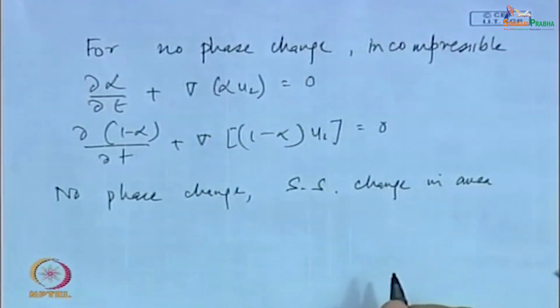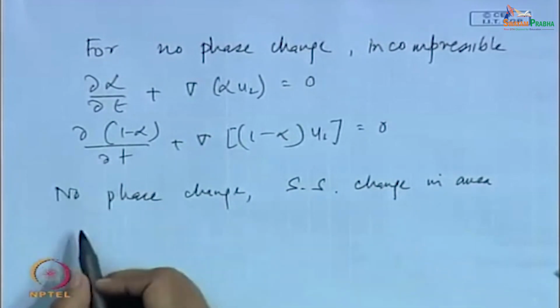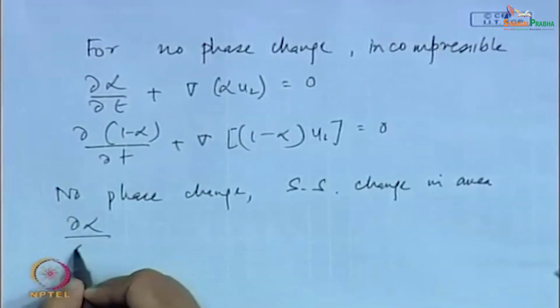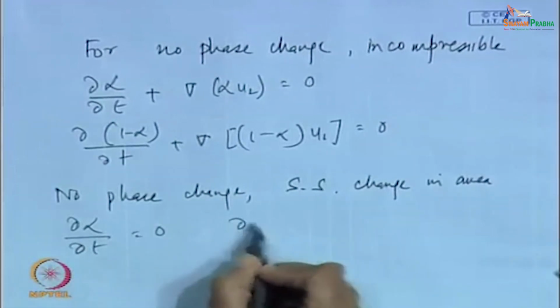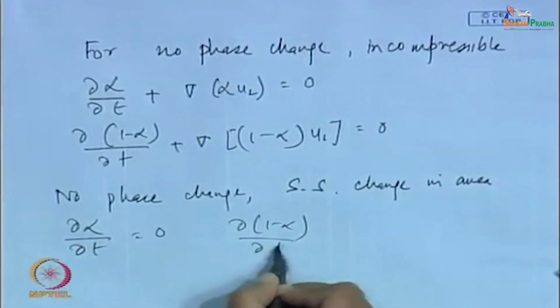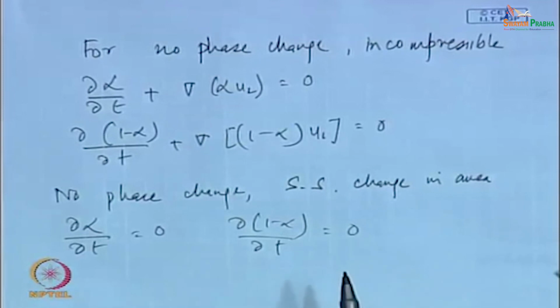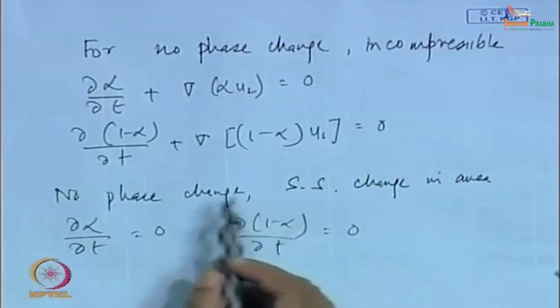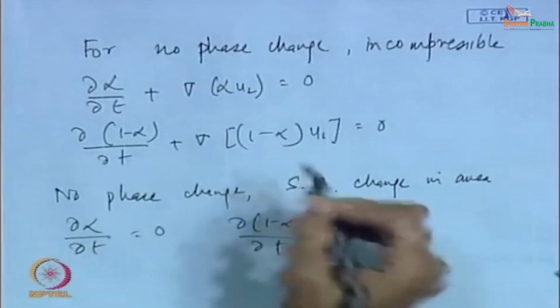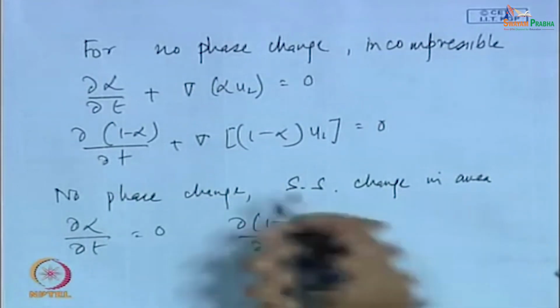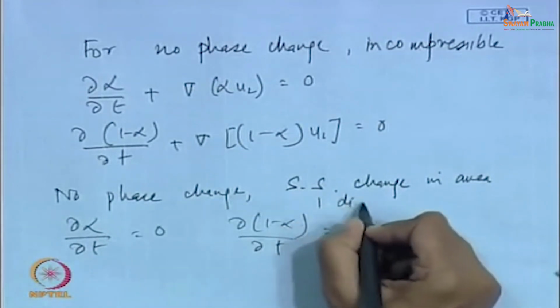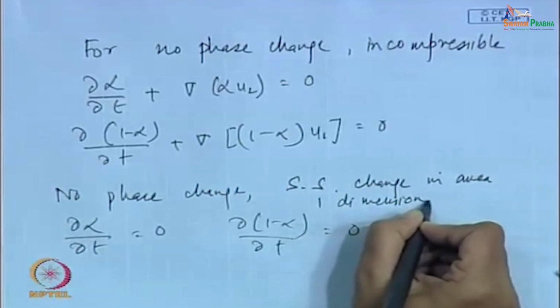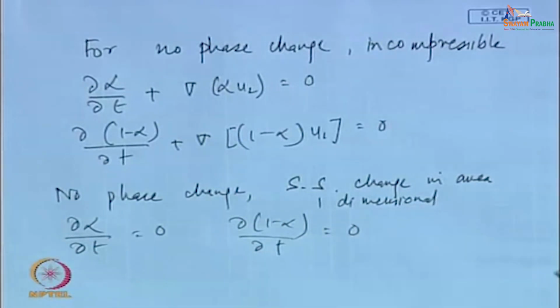For that particular circumstance what do you expect? These become equal to 0, is it not, and if it is one dimensional, I forgot to write, steady state, change in area, one dimensional. So in that case what do you get?